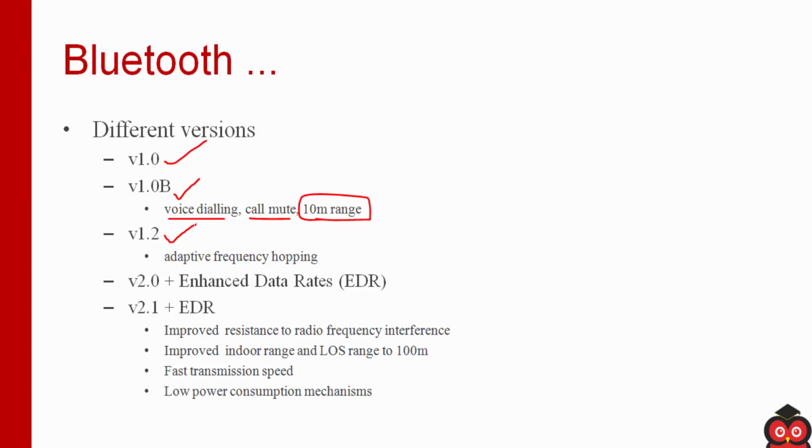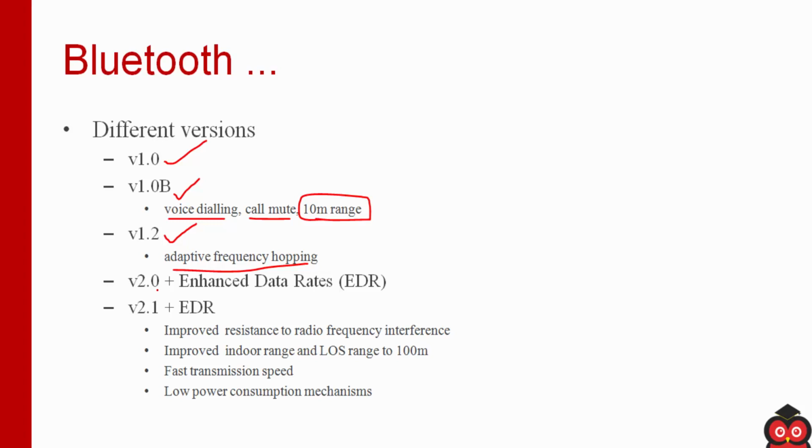Then there is version 1.2, in which adaptive frequency hopping was implemented. We are not going into very specific details, we are just seeing an outline. If you are interested in any particular thing, you can find information about it by searching in Google.